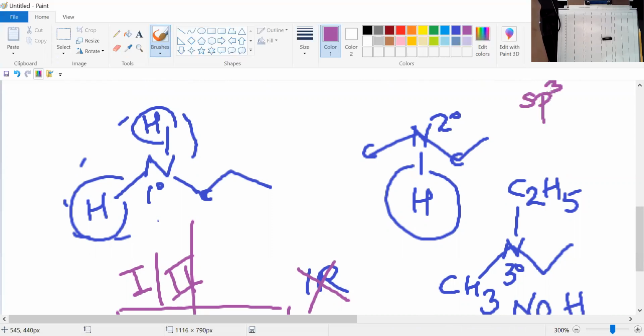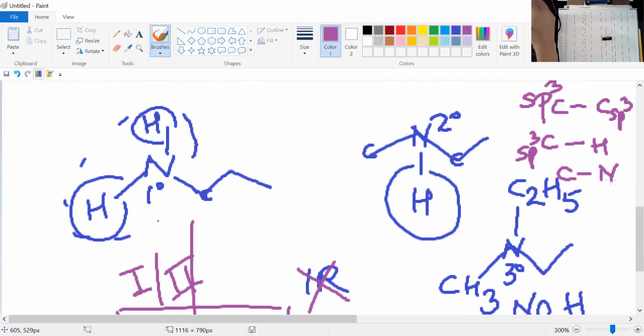If I list out all my bond types, these are the only bond types that I observe besides the NH. Tertiary amine misses these NH kind of bond types.